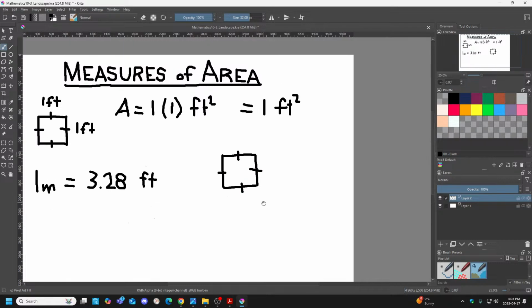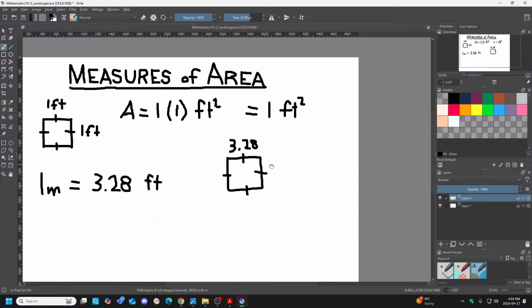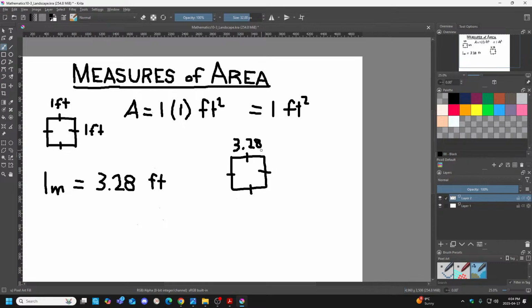All right. This would be 3.28. Whoops, I wrote... Yeah. 1 meter equals 3.28 feet.